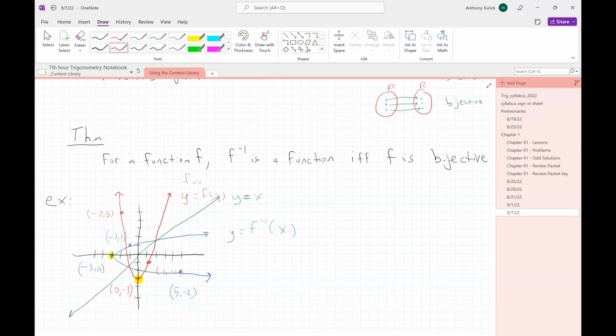So I noticed that f of x here is a function, right? Is it onto? Yeah, every time we represent our function with a graph, we can just assume they're onto. Is it one-to-one? No. How could I look at the graph of f of x and tell that it wasn't one-to-one?